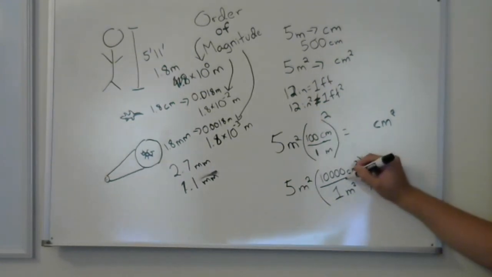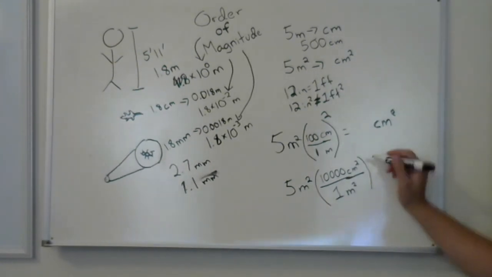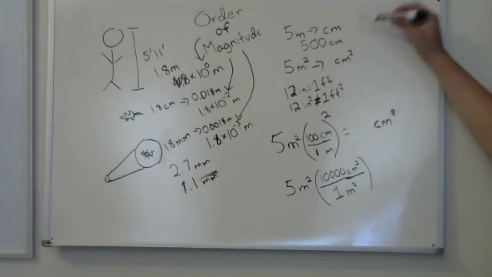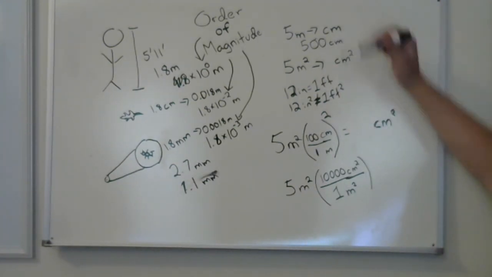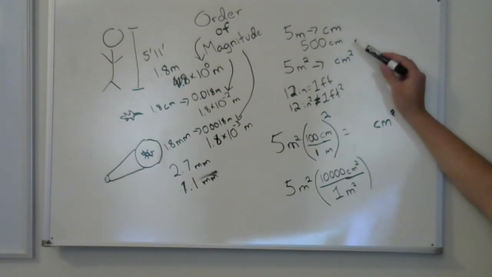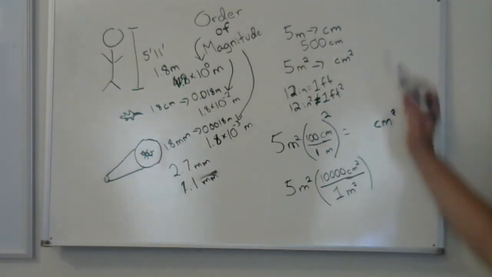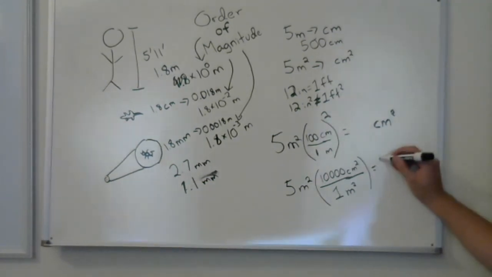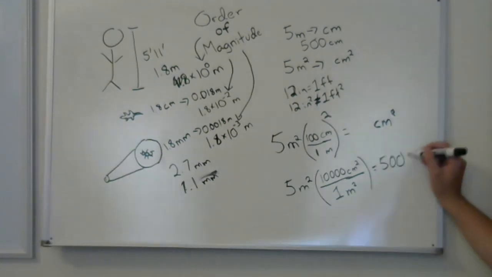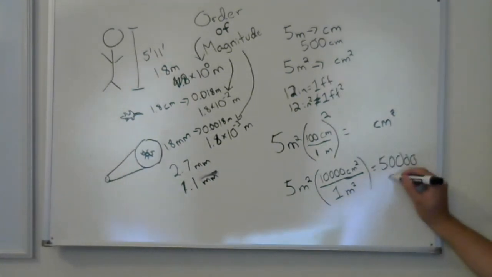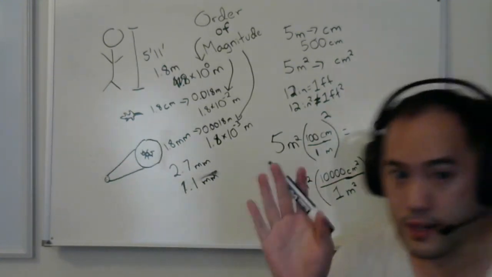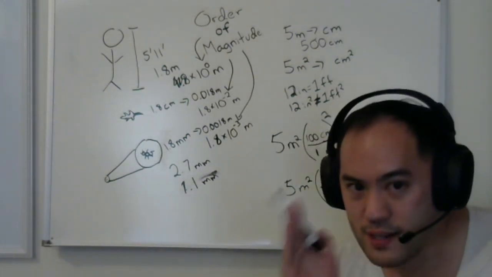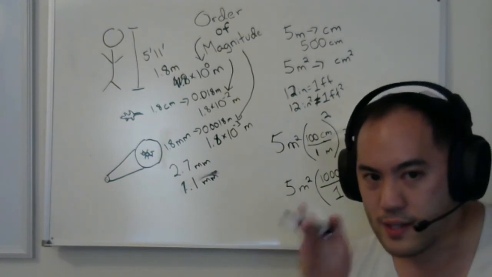If you already realized that, good job. A lot of people make this mistake. They think, oh, 100 centimeters in a meter, just multiply by 100. It doesn't work if the centimeters and meters are not to the first power. So we get 50,000 centimeters squared.